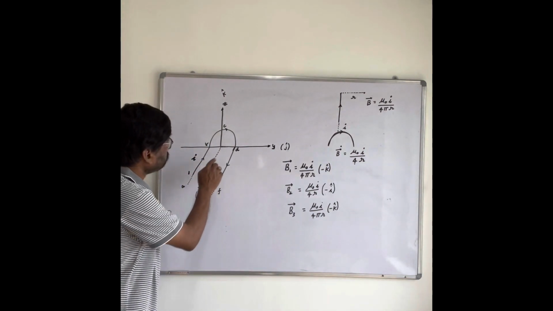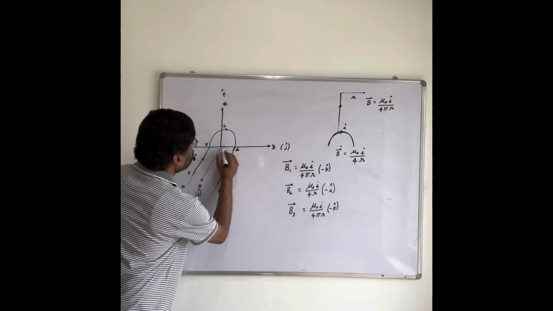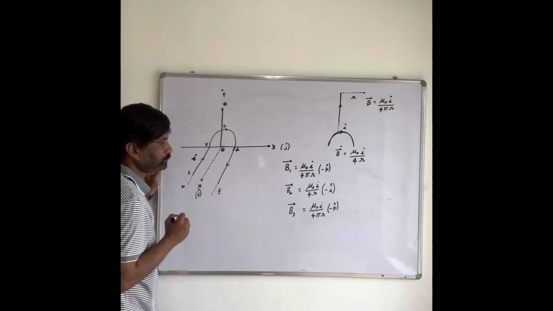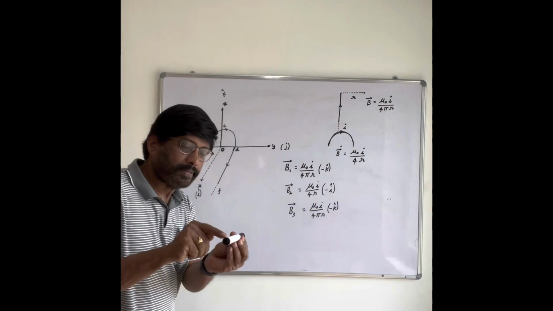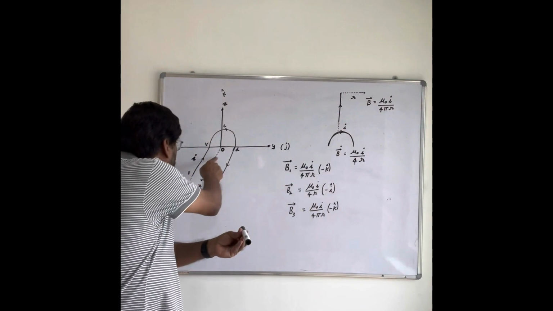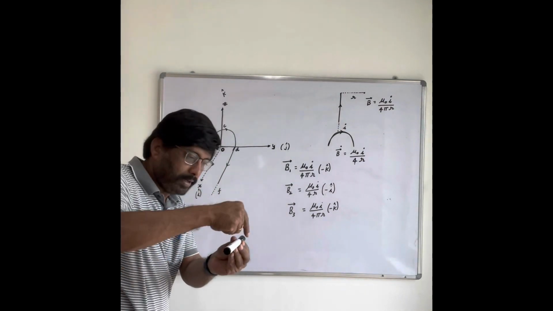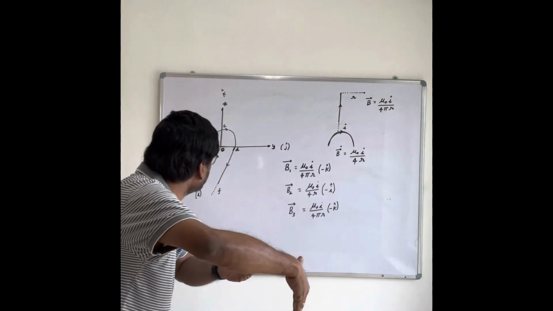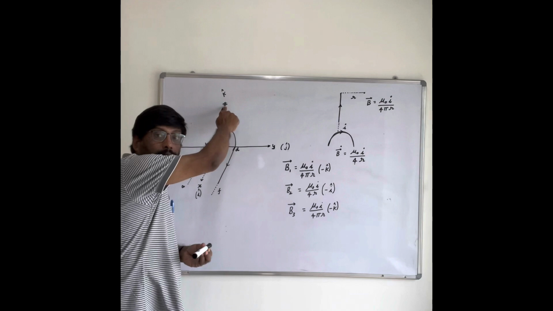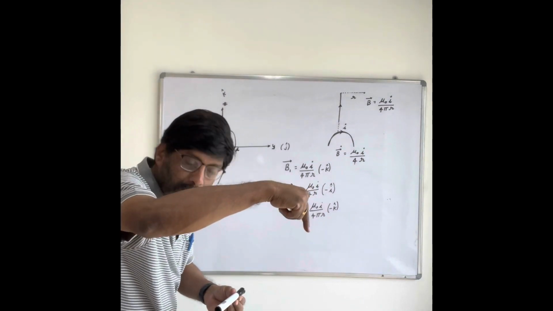Now look at this one. At point O, this is the conductor parallel to the x-axis. At this point, the magnetic field is down. Down means opposite to Z, so that is minus k cap.